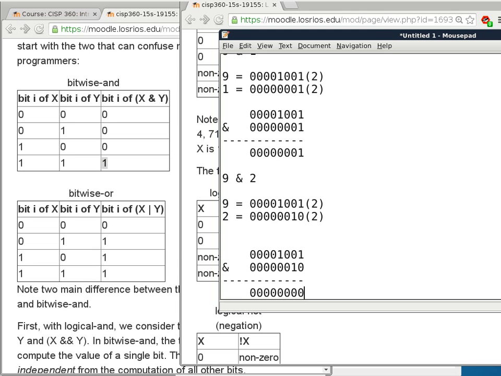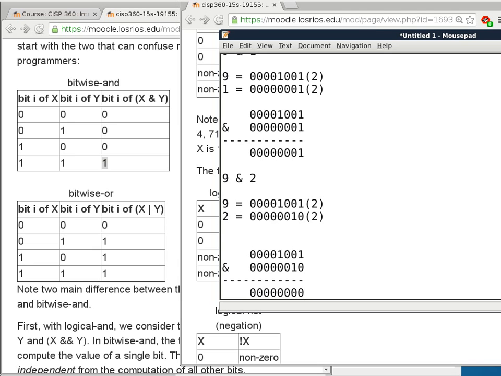Now this is the kind of thing that can get people into really big trouble, because when you test a program and the test cases happen to be 9 and 1 or something like that, where the bits share positions, then the problem will not show up. On the other hand, if the two numbers do not share ones in the same column, like in the second case between 9 and 2, then the problem shows up.